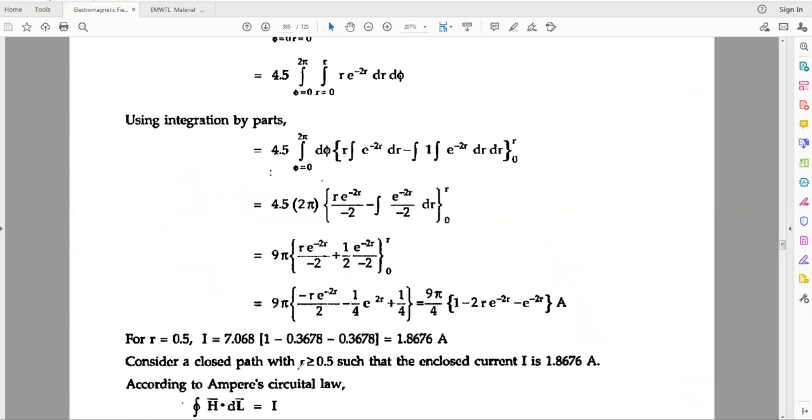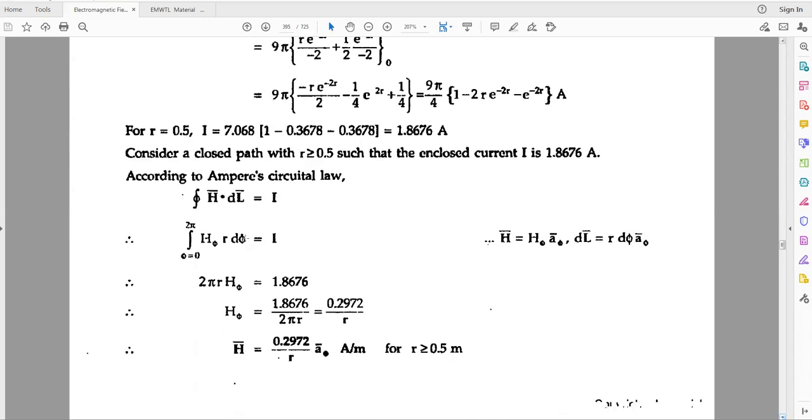Now consider a closed path with r greater than or equal to 0.5, such a closed path encloses I equal to 1.867 amperes. According to the ampere circuit law, the closed integral of H bar dot dl bar is equal to I, which we got as 1.8676 amperes, and dl bar is in the phi direction, and H bar is equal to H phi a phi.